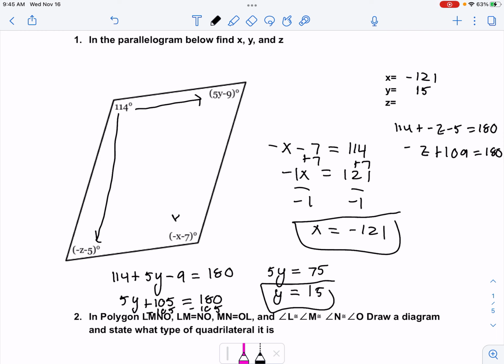I'm going to subtract 109, and I get 71. Then I would divide by negative 1, and I would get negative 71. To get rid of the negative, remember, you just change the sign. So that's negative 71. And we're done.